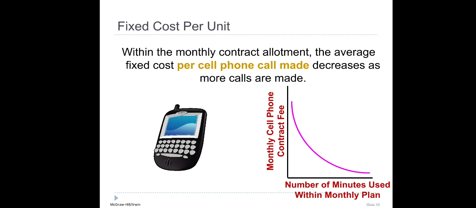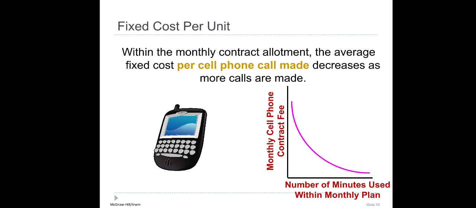If the business produces 100 products, then the unit fixed cost is 100. But if the business produces 10,000 products, then the unit fixed cost will become $1. So the more the business produces its product, the lower the unit fixed cost.